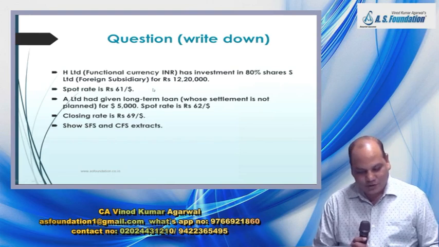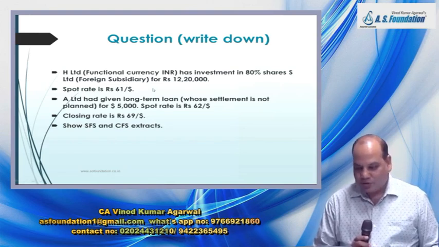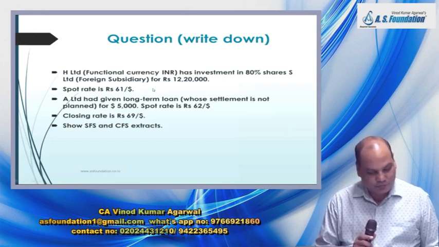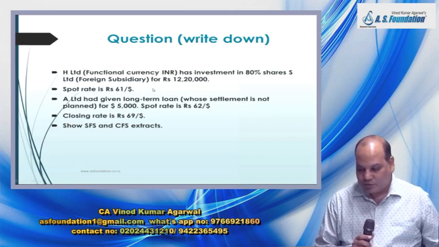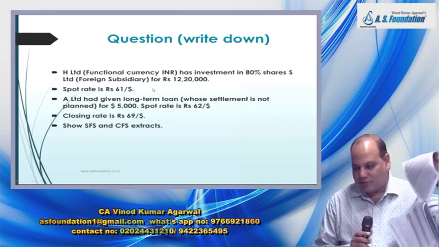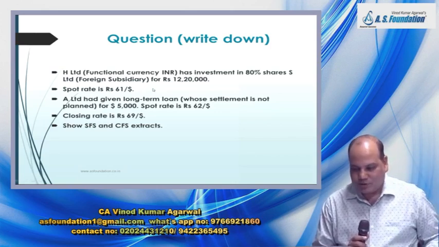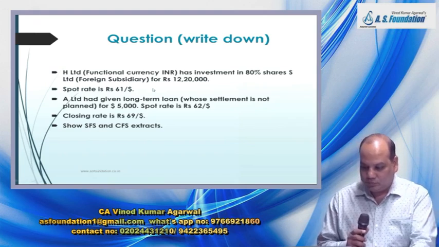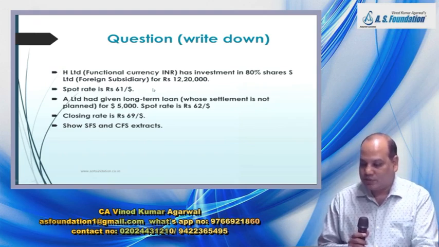H Limited, functional currency is INR, has investment in 80% shares in S Limited, a foreign subsidiary, for 12,20,000. Question 37. Spot rate is 61 rupees per dollar.